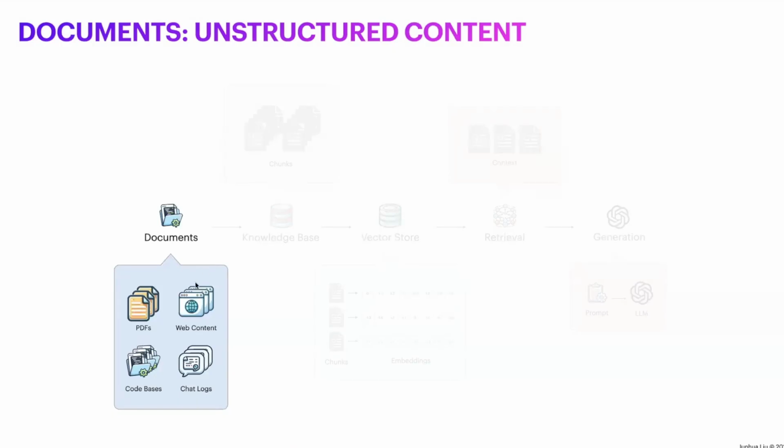The documents can be your PDF files stored in your computer or in your own file storage. It can be web content that is live on the internet that you have a tool to access in real time. It can be code bases that reside in your computer or in, say, GitHub or in your private repository.